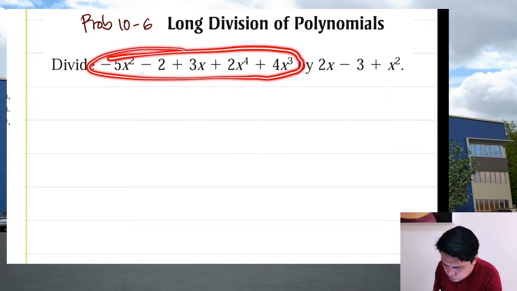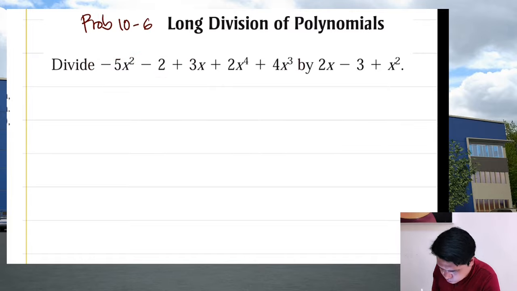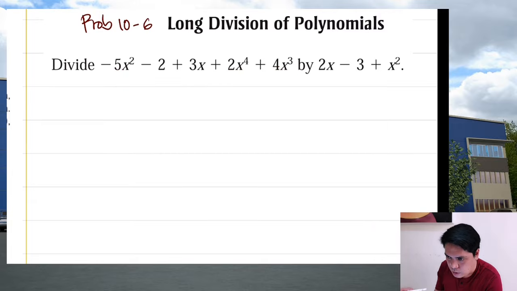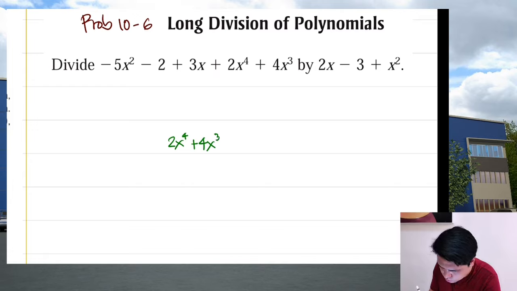If you notice, this is not arranged properly. The highest degree should come first. So let us rewrite that to 2x raised to 4 plus 4x cubed, then negative 5x squared plus 3x minus 2.